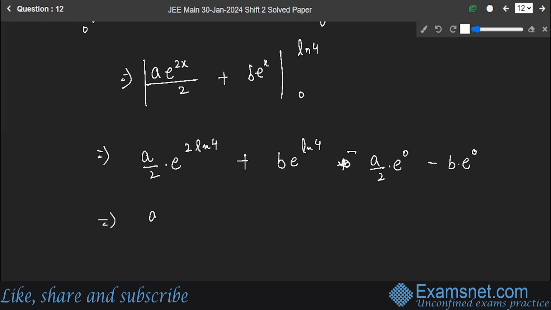This will give me a by 2 into 4 square, that will be 16, plus 4b minus a by 2 minus b.